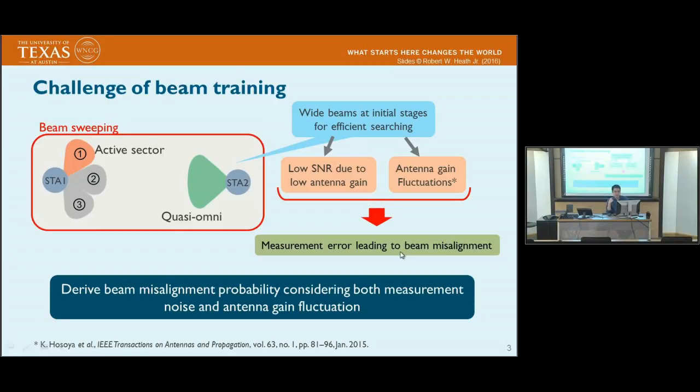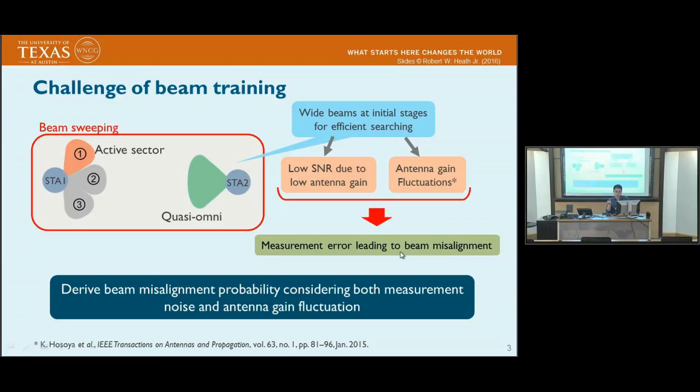Another problem, which has been reported in the reference that I cited here, is that when we try to realize wide beams, the antenna gain is not flat. It has fluctuations, meaning that at certain directions the gain is higher than it should be, and at certain directions the gain is smaller.